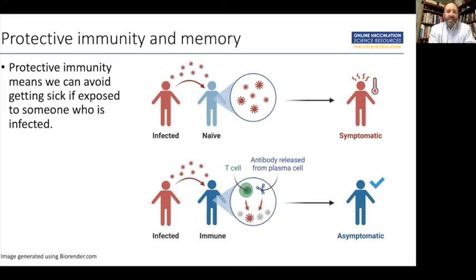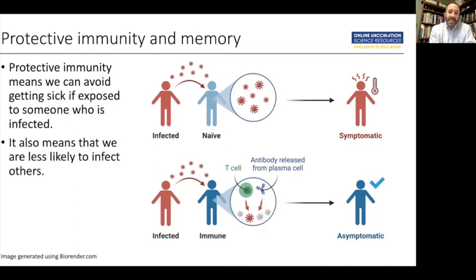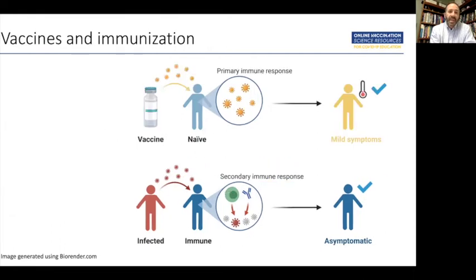So this is the basis of protective immunity, meaning we can avoid getting sick if we're exposed to someone who's infected. It also means that we're less likely to infect others. But a major problem of this, of course, is that there are many complications. And getting sick to build immunity is a risky proposition. And this is where vaccines come in.